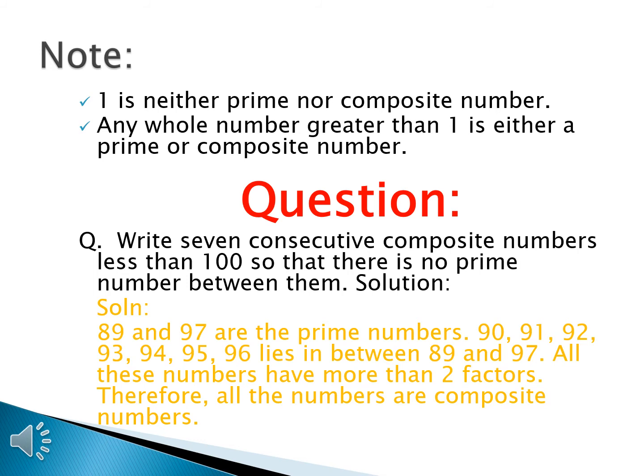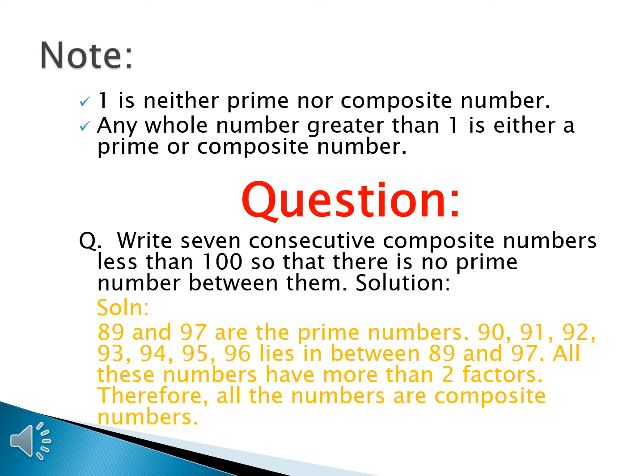Now try out a question. Write 7 consecutive composite numbers less than 100 so that there is no prime number between them. So consecutive means you should not skip the numbers in between.